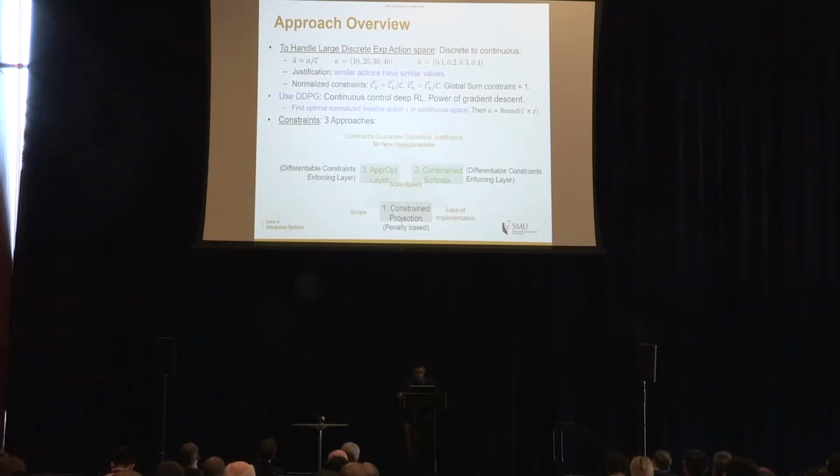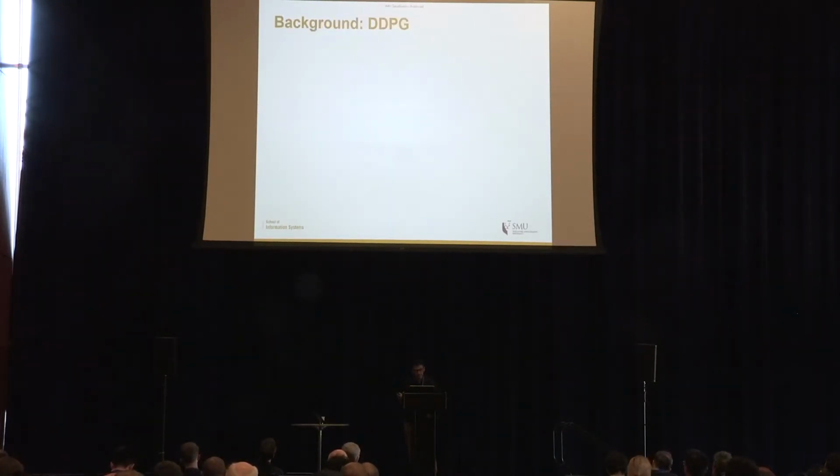So before we dive deep into these three approaches, let me give a quick background of DDPG by contrasting it with DQN, because I guess probably everyone knows DQN. In DQN, you have a deep neural network which approximates Q values of each action given an input state, and your policy is simply to pick the best action in that state. You don't need a separate policy network.